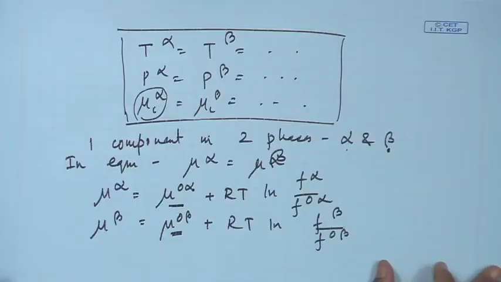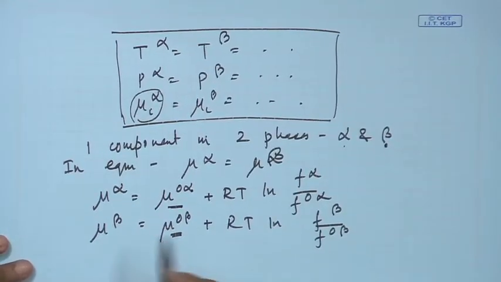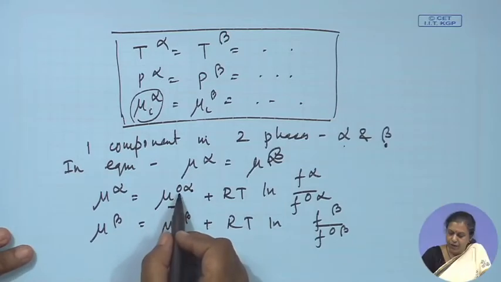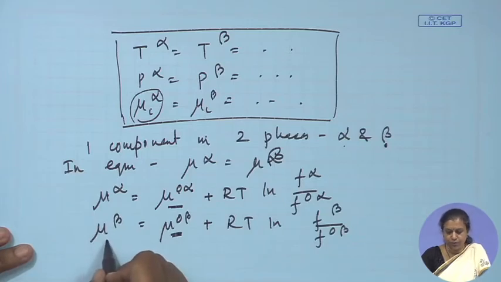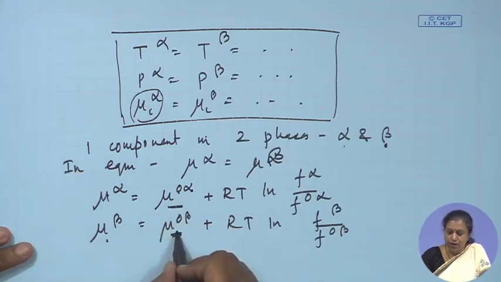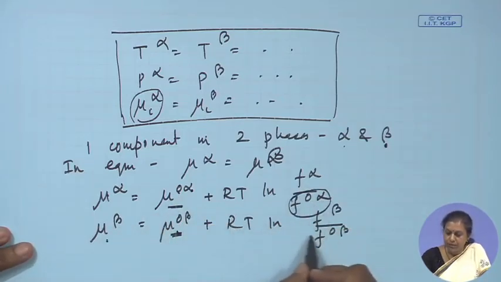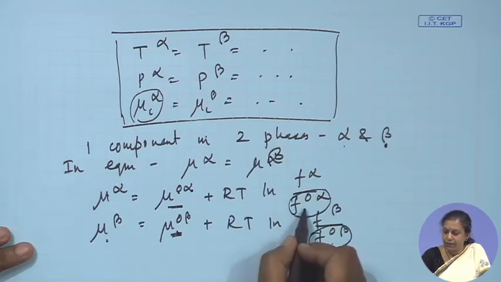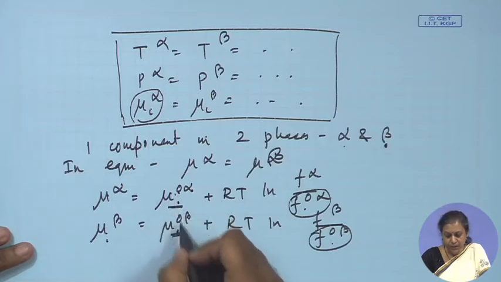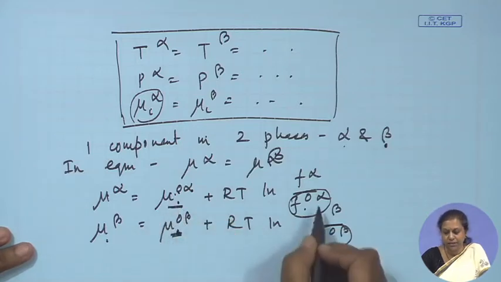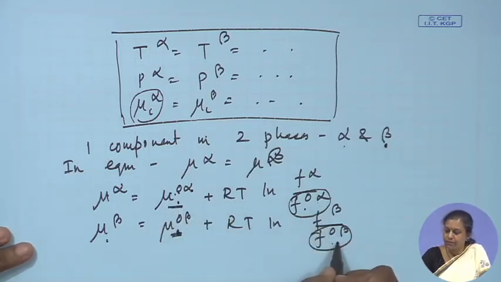Suppose for the time being we assume that they are the same. If they are the same, then what do we have? Under equilibrium mu alpha equals mu beta, and if the standard state terms are equal, automatically the two logarithmic terms are equal, because as I have said we cannot vary these separately. So, when these two are under the same standard states, these two are also under the same standard states.